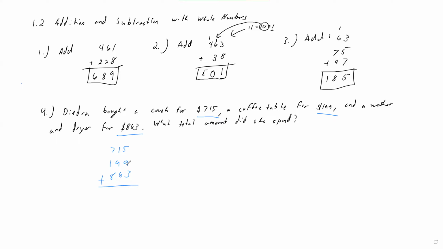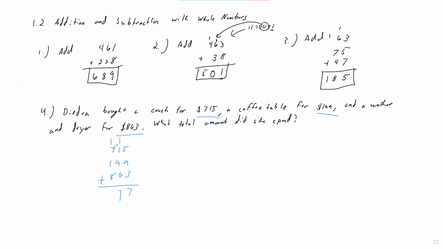So 5 plus 9 is 14. 14 plus 3 is 17. The 7 drops down. It's in the ones place. And then that 1 carries over into the tens. 1 plus 1 is 2. 2 plus 9 is 11. 11 plus 6 is 17. Again, the sevens would fall and the 1 would carry over.